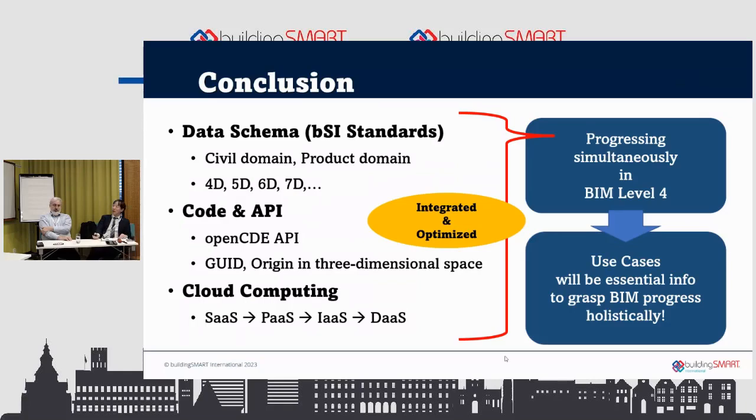And the reason use cases are good is that the level of a company's BIM management skill is visualized when you see them. Not only a single technology, but if you see the use case of the construction site, you can holistically understand the BIM level of the company.